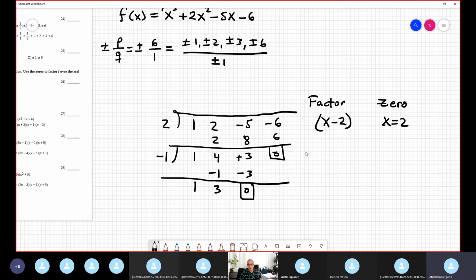Therefore, the factor x plus 1 belongs to the polynomial and the zero is -1. And it's a linear factor, x to the 1. It's obvious that the last factor is x plus 3, and the zero is x equals -3. Exactly, we predicted it in Desmos. X equals minus 3. Okay?